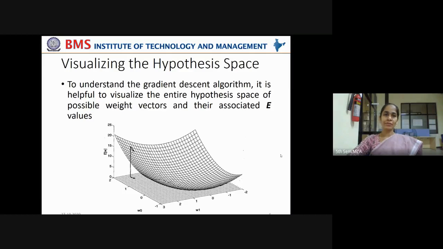Visualizing the hypothesis space. In order to understand the gradient descent algorithm, it is helpful to visualize the entire hypothesis space of possible weight vectors and their associated E values. E values means error values.